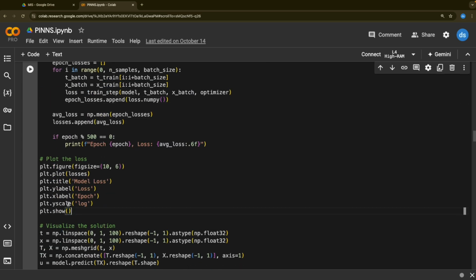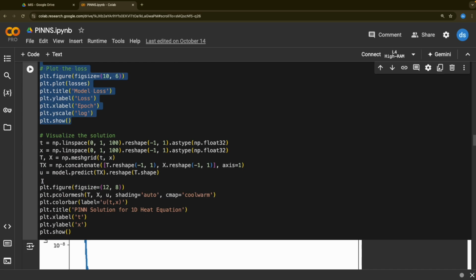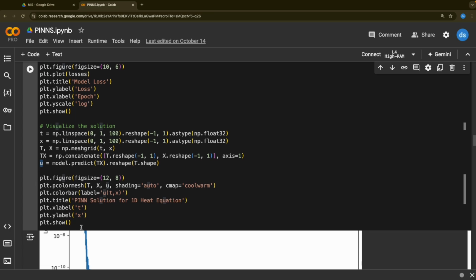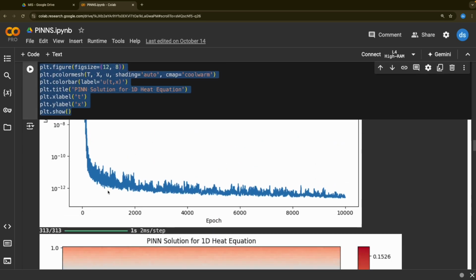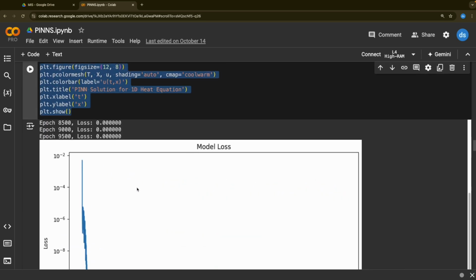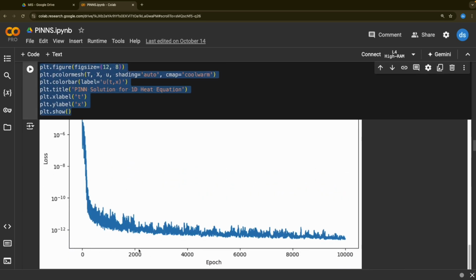And then finally everything will be plotted, losses will be plotted, and the solution to the problem will also be plotted. If you see here, the prediction part, once the model is trained, you can predict the t, x here, and it is saved in the u part, and you will be able to plot it as well with the help of matplotlib. Once the training is complete, you can see the model loss as the number of epochs go on increasing is becoming closer and closer to 0.